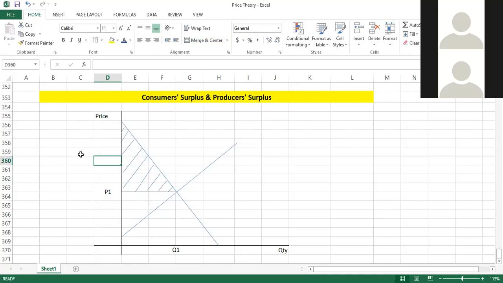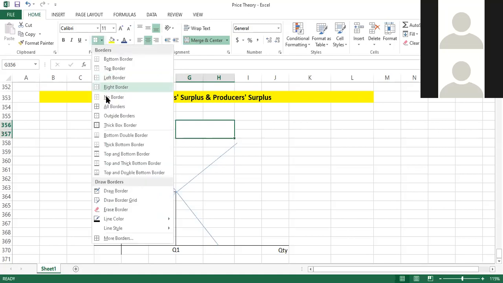So consumer surplus is the area above the equilibrium price. We can say consumer surplus is the difference between the price the consumer is willing to pay and the price the consumer is actually paying.